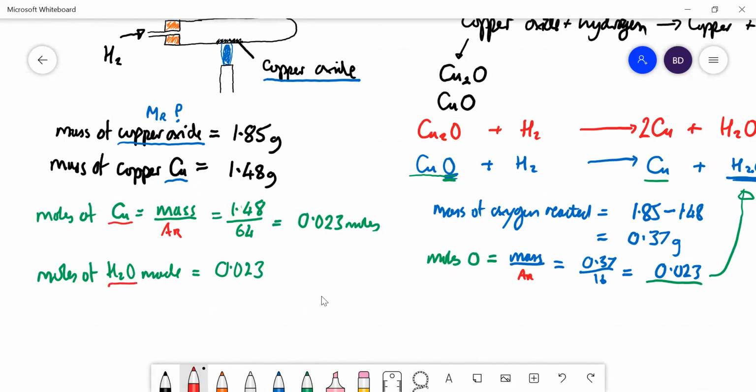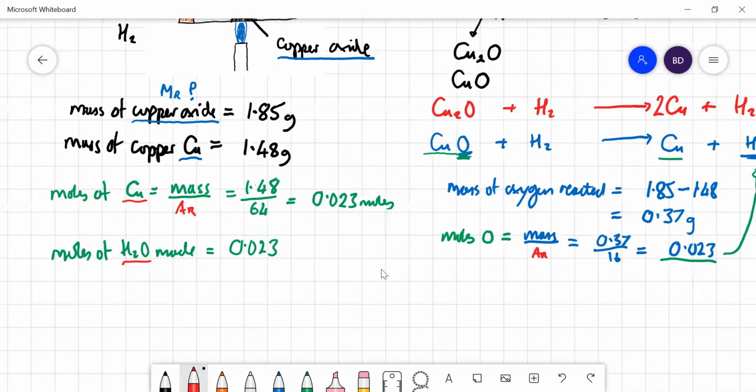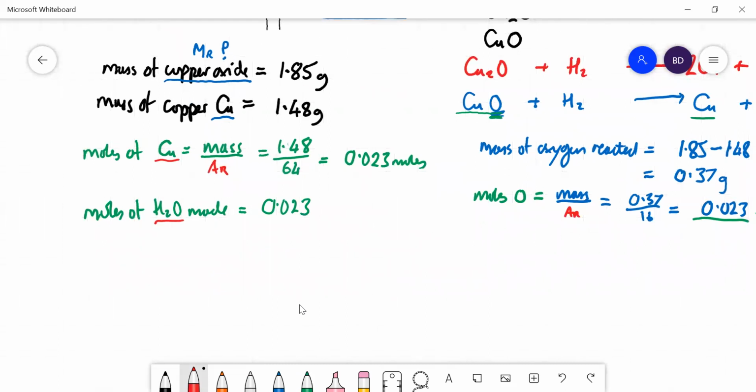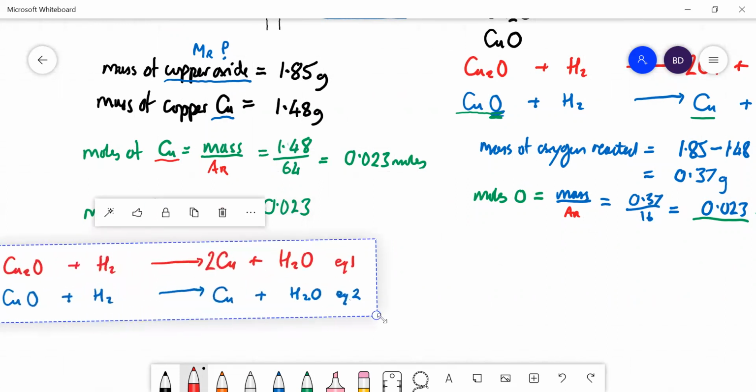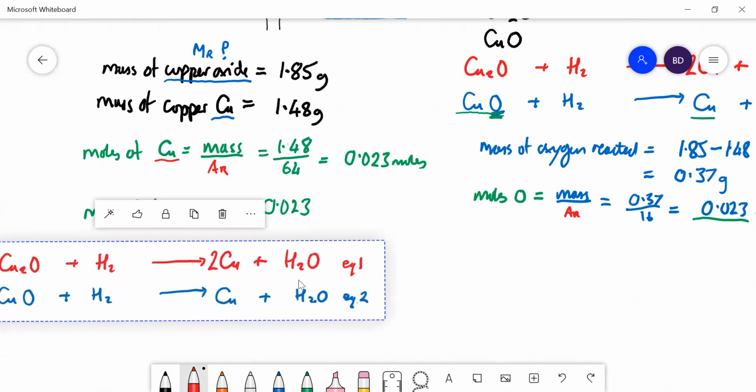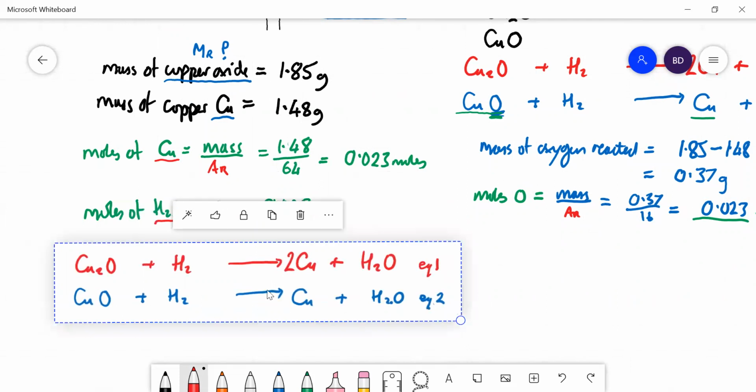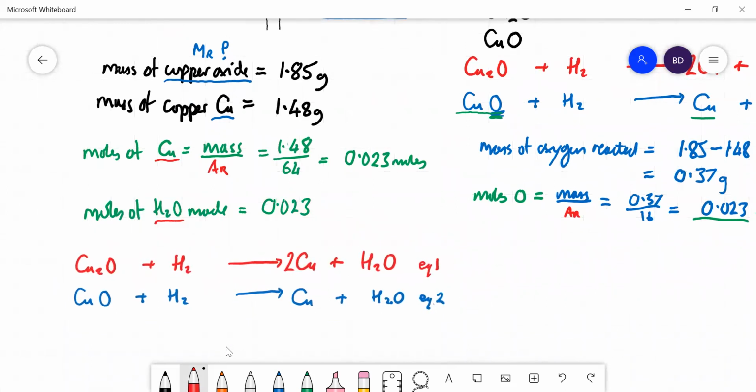Now we know the moles of copper and we know the moles of water in that equation. That should be enough to tell us which is the correct version of the equation. So let's just paste in those equations there and see which it should be. Okay, now if it's equation 1, 2 moles of copper should give us 1 mole of water.